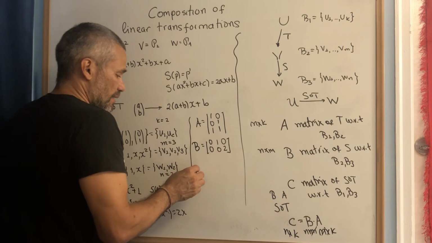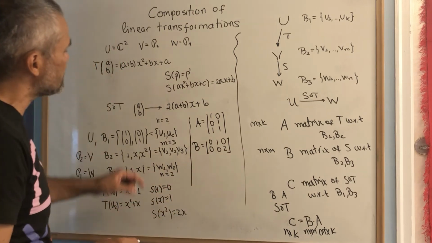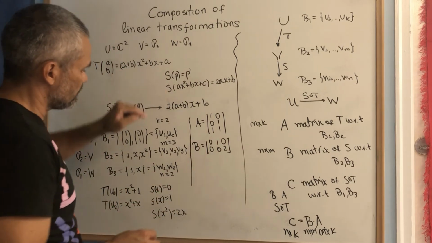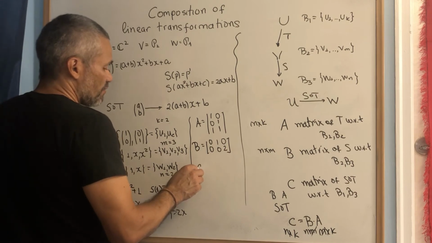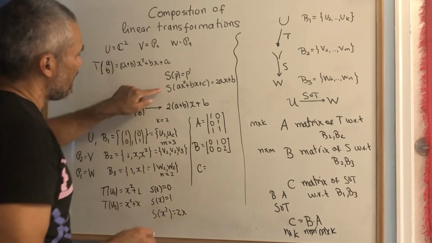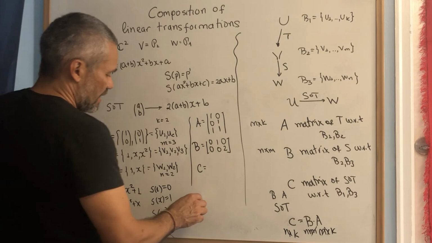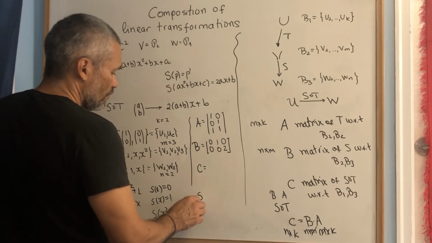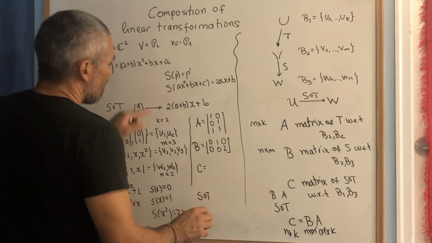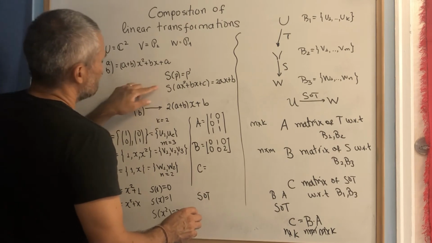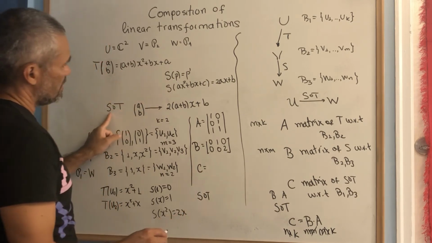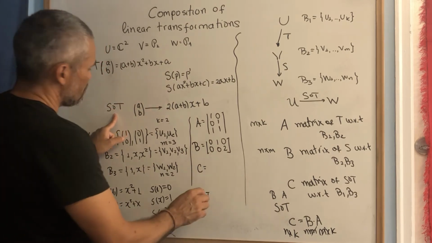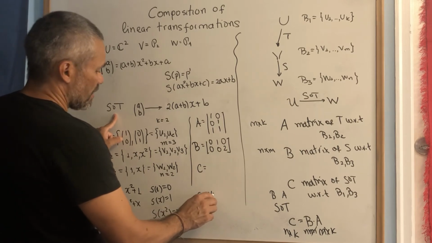Now, what is the matrix for the composition? The matrix for the composition, let's call it C. I need to evaluate the composition at U1.